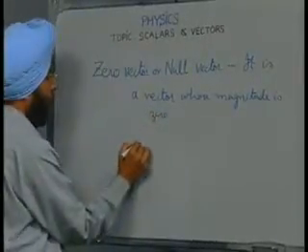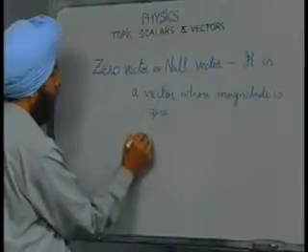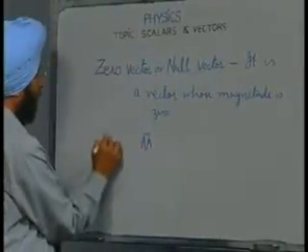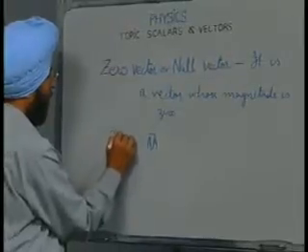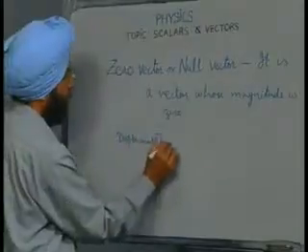We know displacement A, displacement vector A is a zero vector.